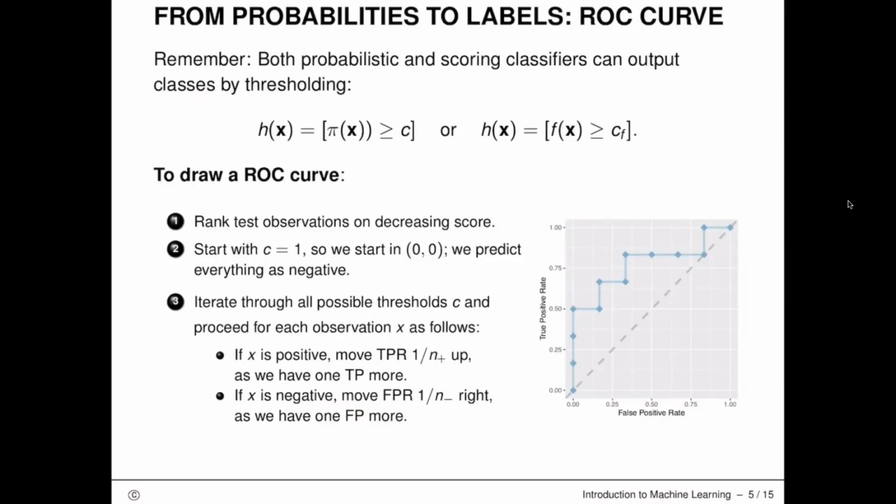Now we reach the very interesting and famous ROC curve. And on the next few slides, I will show you how to compute a ROC curve. So first, remember that usually our classifiers output scores or probabilities. And if we want to have class labels as output, then we have to threshold those probabilities or scores. And this threshold C here is in no way fixed.